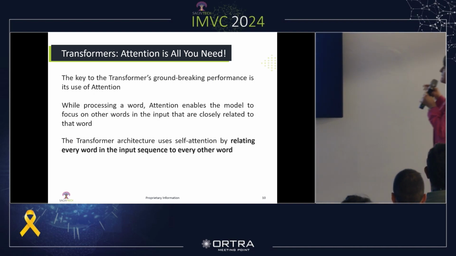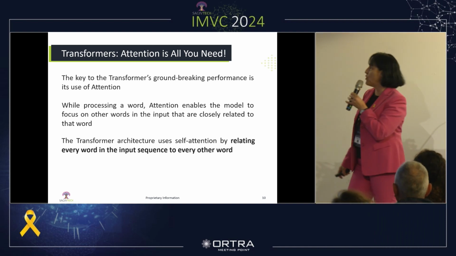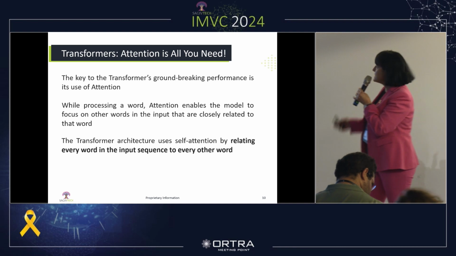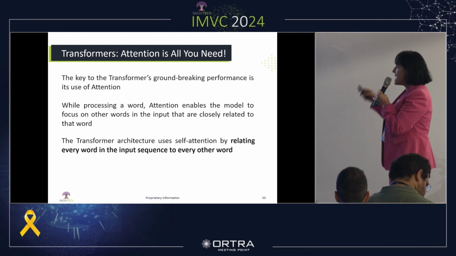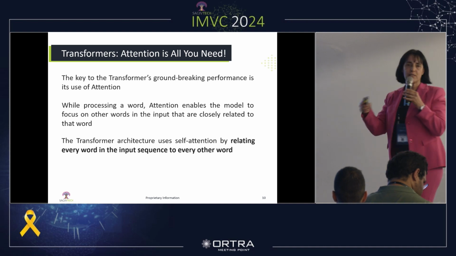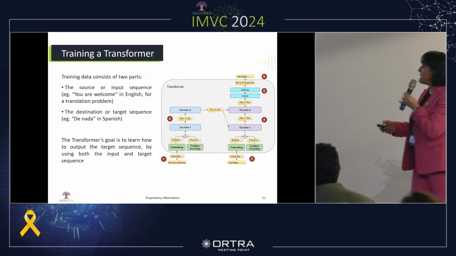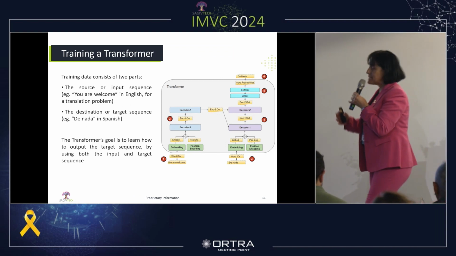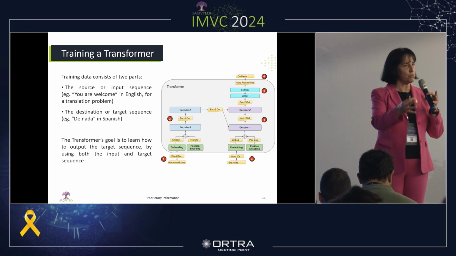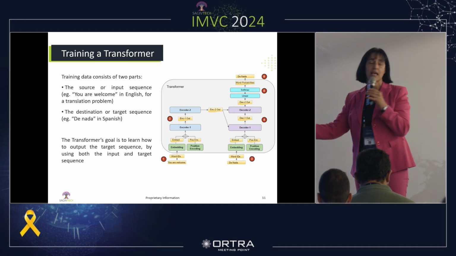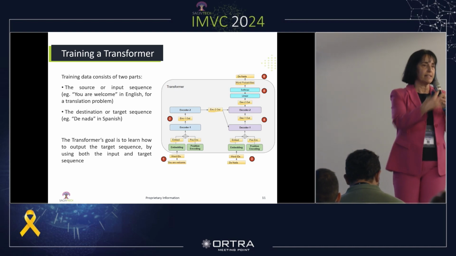So the key to the amazing performance of transformers is their ability to really relate every word in the input sequence to every other word. And there are three basic mechanisms. There is the basic mechanism of self-attention. So imagine that you have the input sentence and the output sentence, and you look at the relationships between the words in the input sentence.